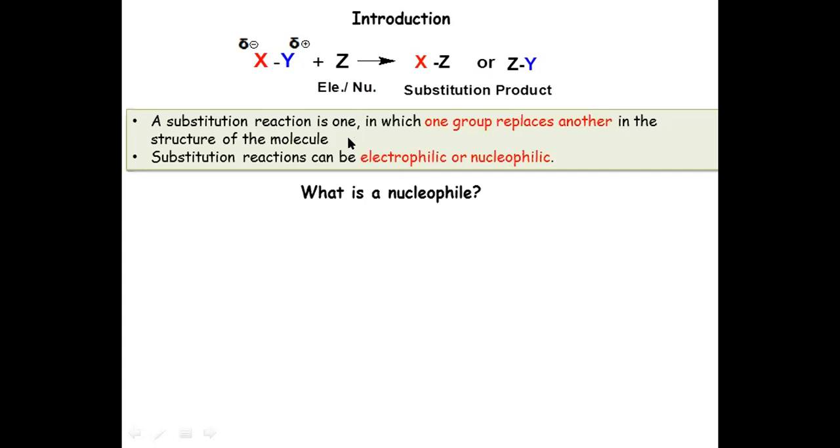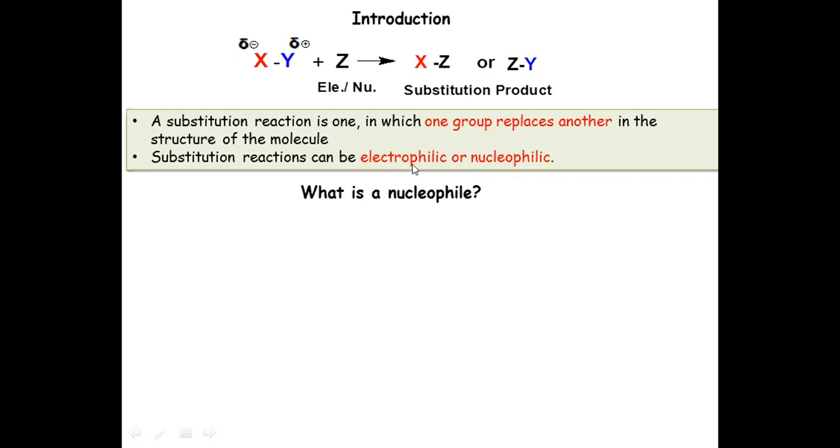Now since we are going to talk about nucleophilic substitution, let us understand the difference between electrophile and nucleophile. As the name indicates, philic means which gets attracted to or has affinity for. Electrophilic means affinity for electrons, and affinity for nucleus, or for a positively charged or electron deficient center, means nucleophilic.